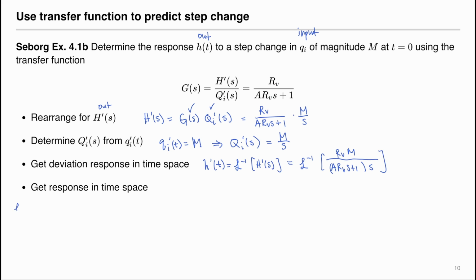We found that the inverse Laplace transform for 1 over s plus b1 times s plus b2 equals 1 over b1 minus b2 times e to the negative b2 t minus e to the negative b1 t. In our case, R, V, and M are constants, taking them out.